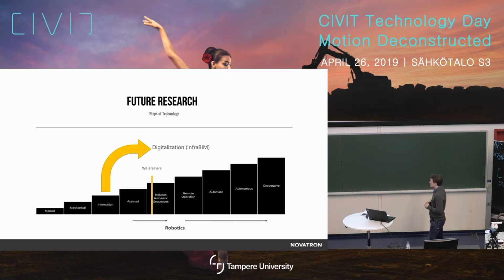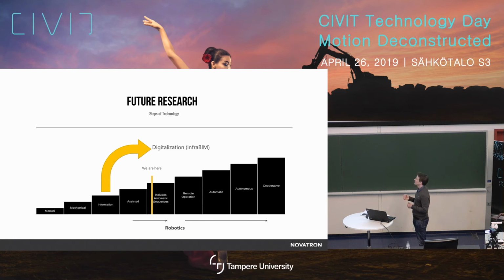Next steps would include actual remote operation, so the excavator operator wouldn't need to be at the location anymore, but can be somewhere else. Then the machines would do even more automatic tasks. The human wouldn't need to press any buttons anymore to make anything move.